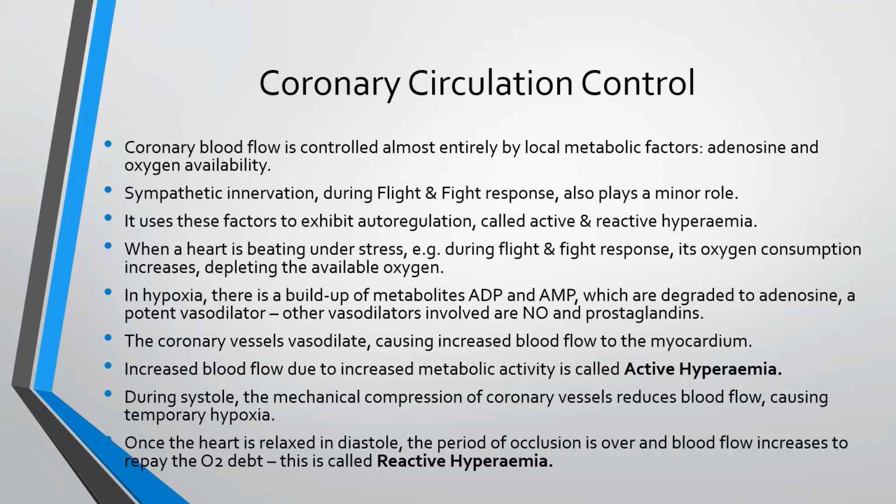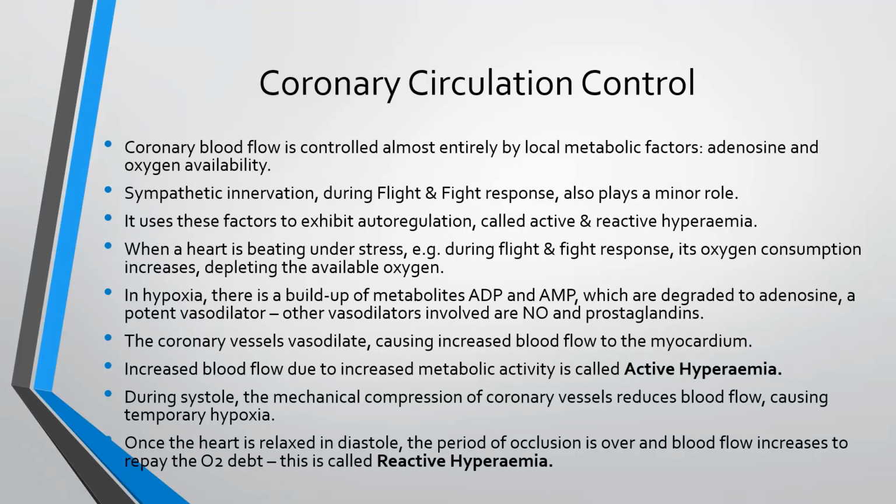When a heart is beating under stress during, for example, the fight and flight response, its oxygen consumption increases, depleting the available oxygen. In hypoxia, so when the available oxygen is depleted, there is a build-up of metabolites such as ADP and AMP, which are degraded to adenosine, and this adenosine is a potent vasodilator.